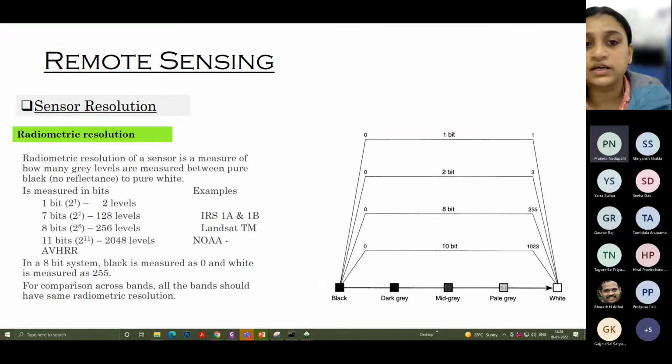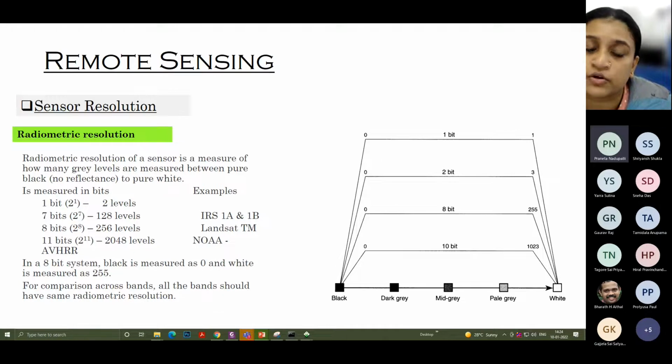Next is the radiometric resolution. As we discussed before, it is about how much bit depth the data has. Radiometric resolution of a sensor is a measure of the gray levels that are measured. It could be just pure black and pure white, black with no reflectance and white with total reflectance.